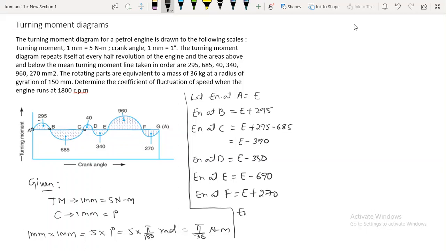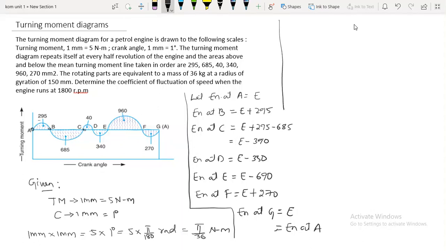Finally, the energy at G will be E plus 270 minus 270, which is equal to E. This E is nothing but the energy we assumed at A. So this is the complete cycle, and from here the cycle repeats again.